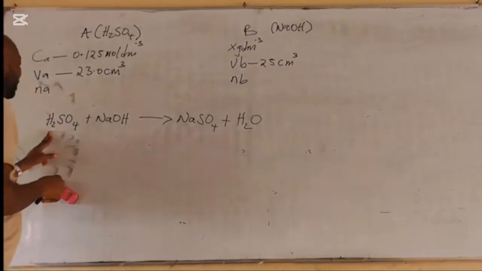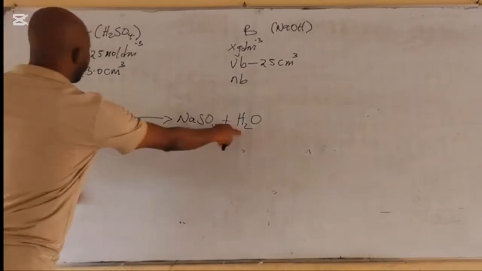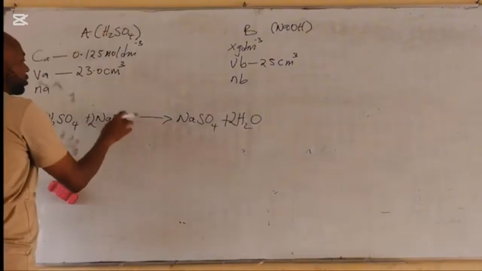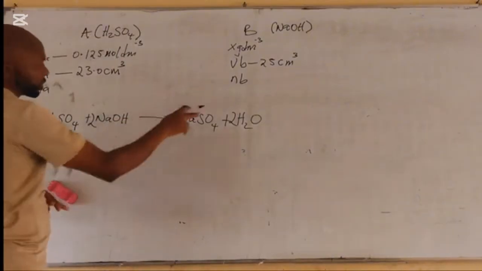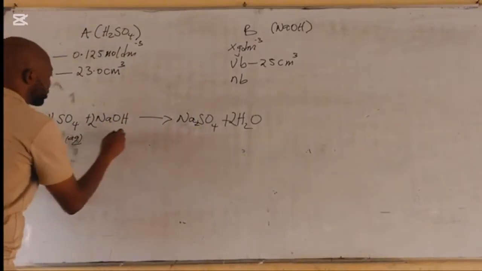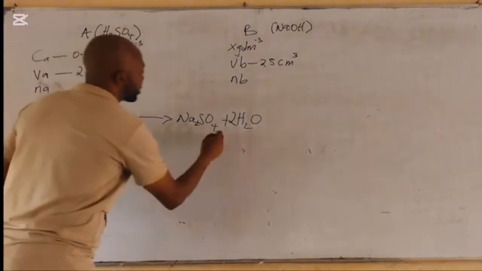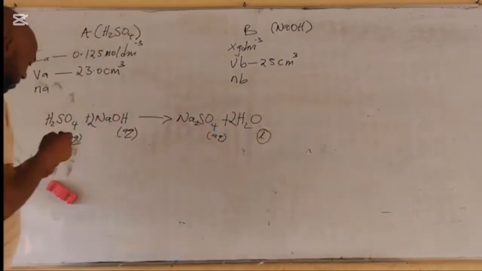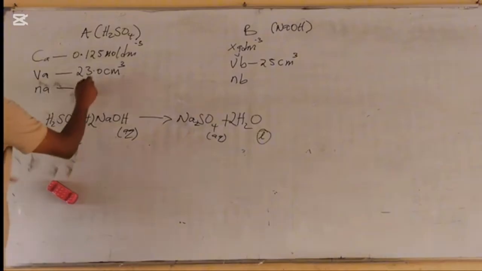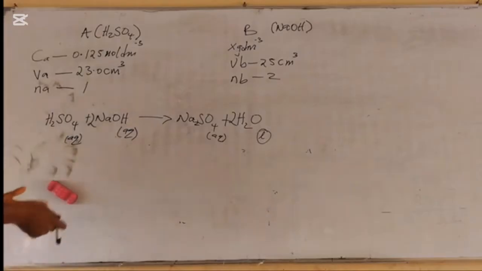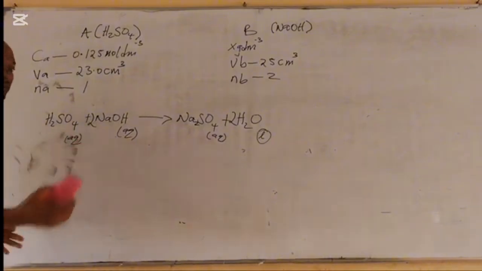We have 2 hydrogen here plus 1, 3, and here we have 2. If I add 2 here, my hydrogen becomes 4, and I add 2 here, my hydrogen becomes 4. That's 2 plus 2, 4. Sodium is 2 here, so sodium is 2. Remember, this is aqueous, and liquid. So from here, the number of moles of acid is 1, the number of moles of base is 2. From here we can now proceed to calculate whatever they want us to calculate. So let me take the formula out so that we can start with the solutions.